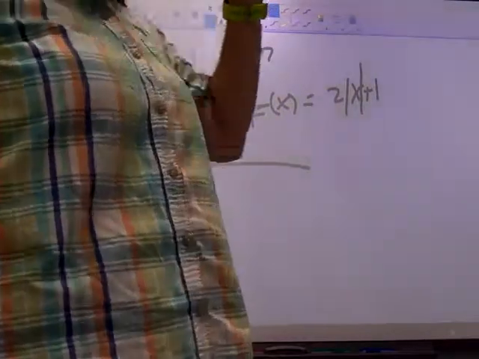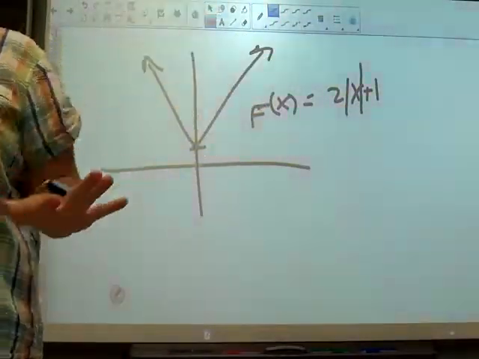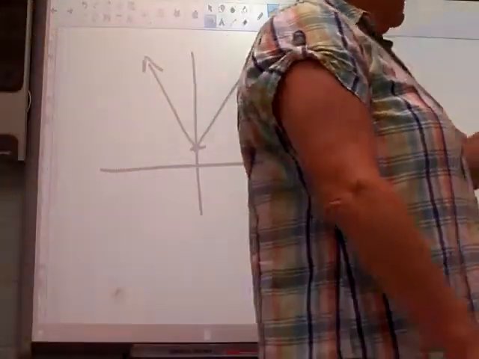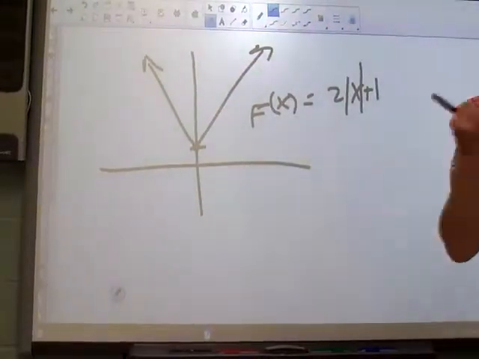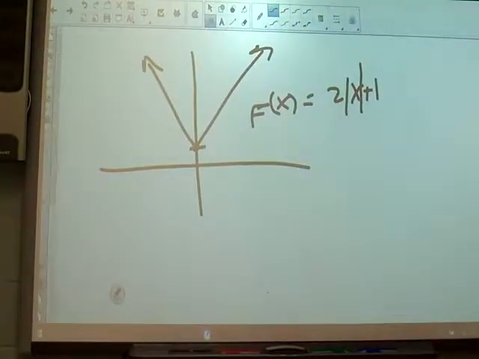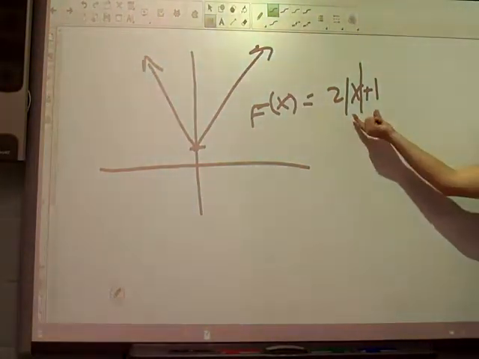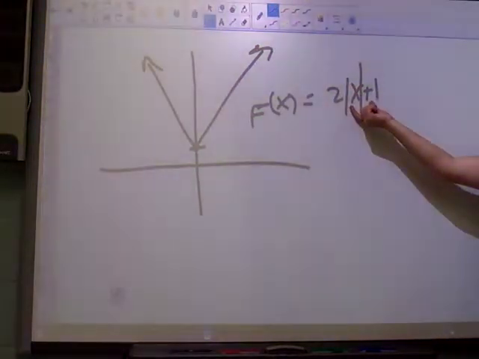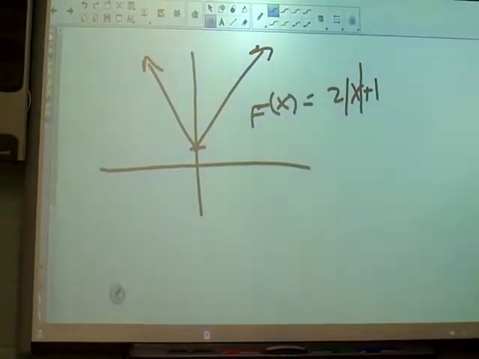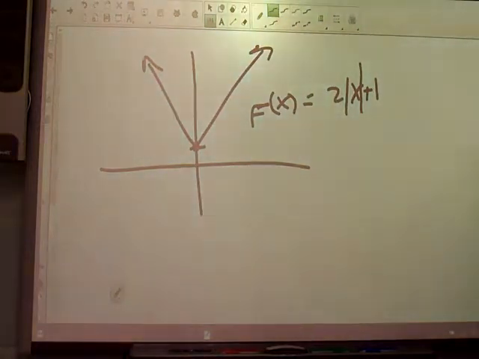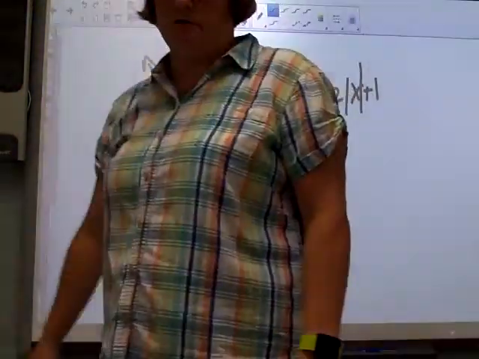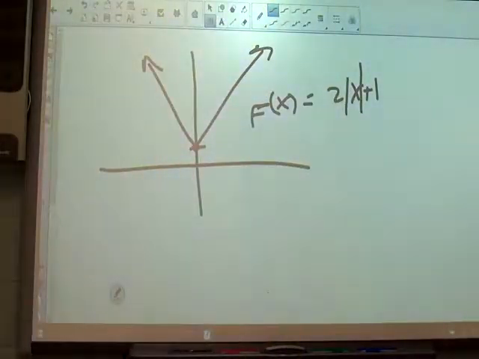Absolute value. Okay? You can spot that by the V shape, or you can spot it by the absolute value bars. Pretty straightforward. It belongs to the absolute value function family.